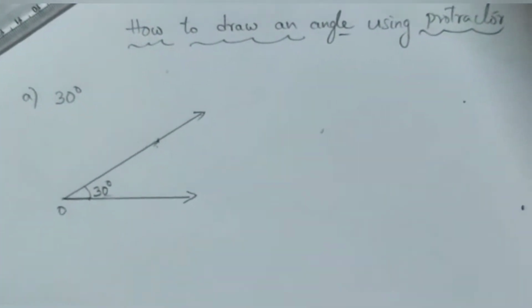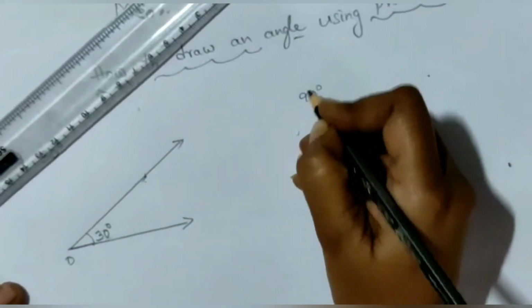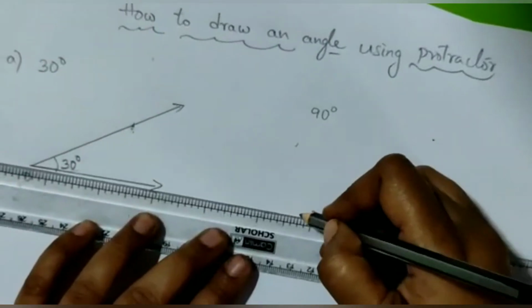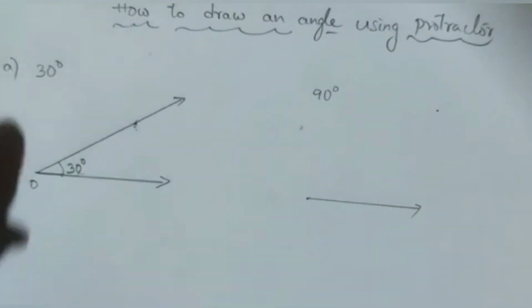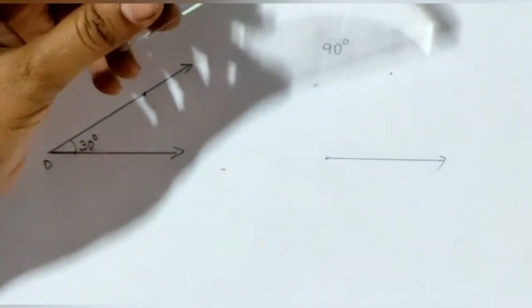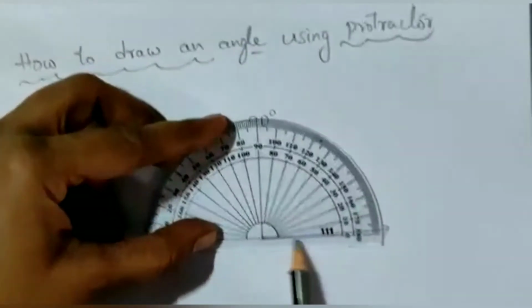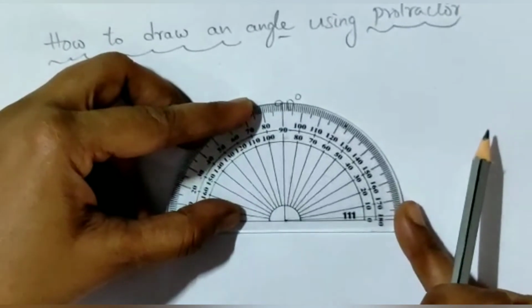Okay children. Now let us draw 90 degrees. Same as usual. Draw a ray. Take the vertex point. The center of the protractor and the vertex of the ray must coincide. And the base arm and the baseline of the protractor must coincide.